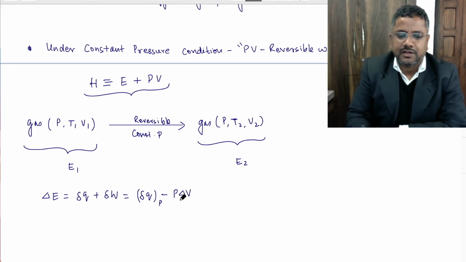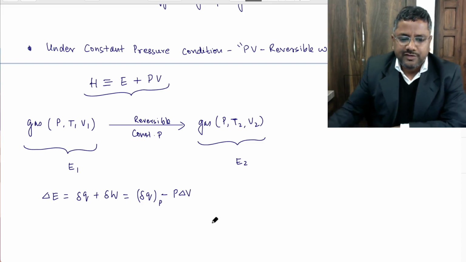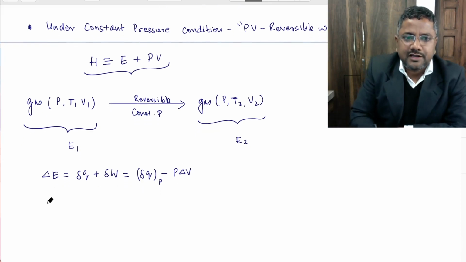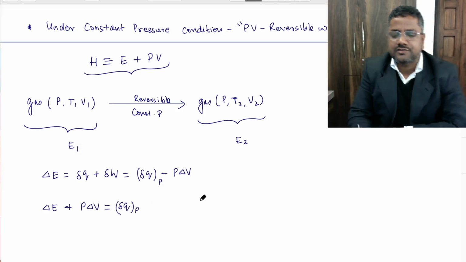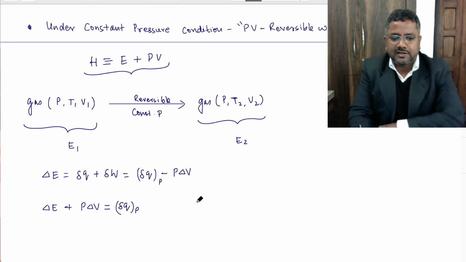Clear? Okay. So we can write here delta E, bring this minus to the other side, so plus P delta V is equal to delta Q at constant pressure, right?